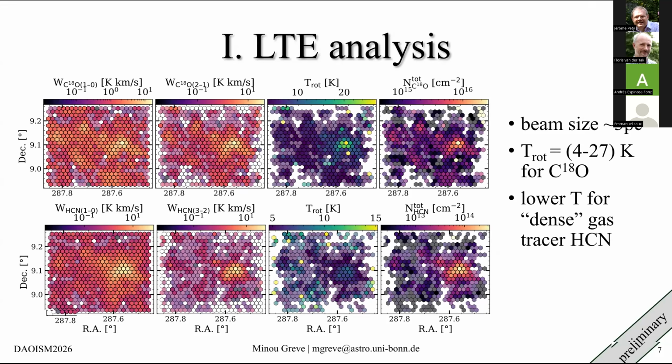While we find column densities of up to about 10 to the power of 16 per centimeter squared for C18O, and 10 to the power of 14 for HCN. Of course, when we keep in mind that we just have 2 transitions per molecule, this is by all means just a very rough first approximation, which we use to define our grids later for the modeling.